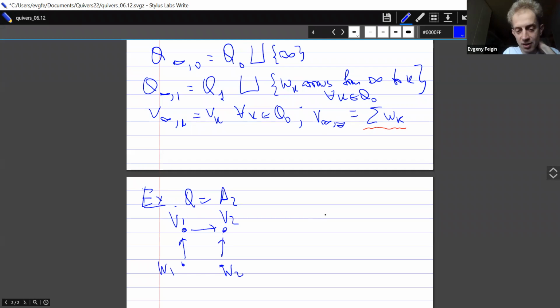But instead, we want to consider a new quiver. Say this is C2, for example, and this is C3. So there's this map, and then we add one more fat dot with two arrows here and three arrows here.